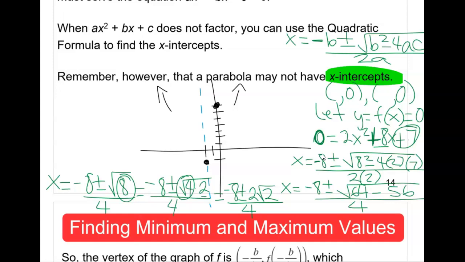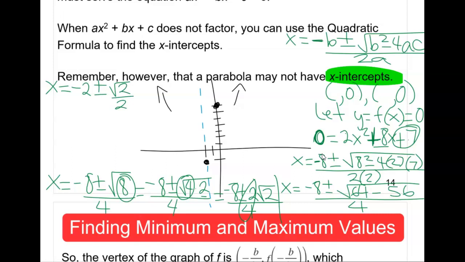So if we simplify it a little bit, negative 8 divided by 4 would be negative 2. And then plus minus, if we divide 2 by 4, that will be 1/2, or we could just say the square root of 2 over 2.